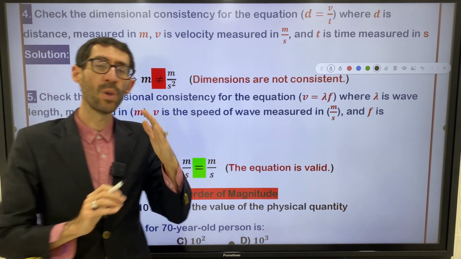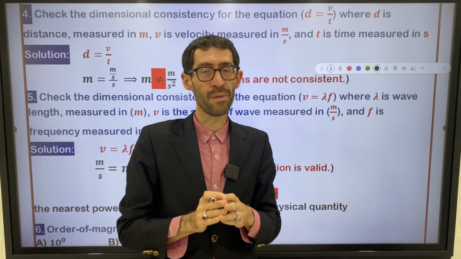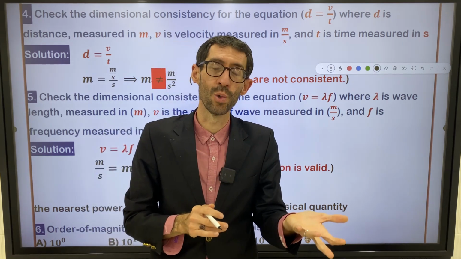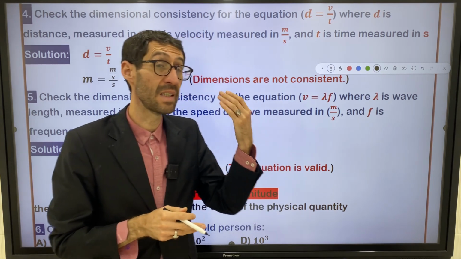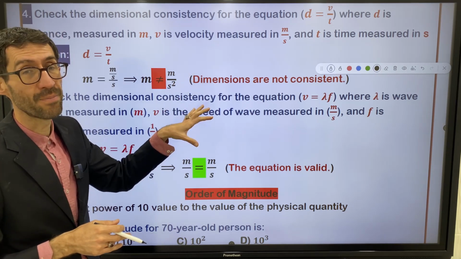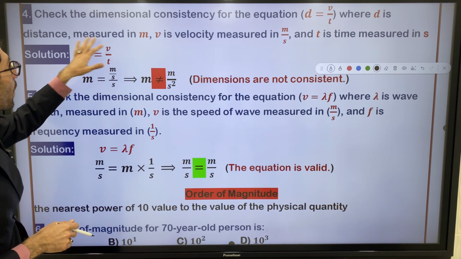In the previous equation, it wanted us to suggest a rule. Right now it gave us a rule, and we want to check its validity, whether it's right or wrong.